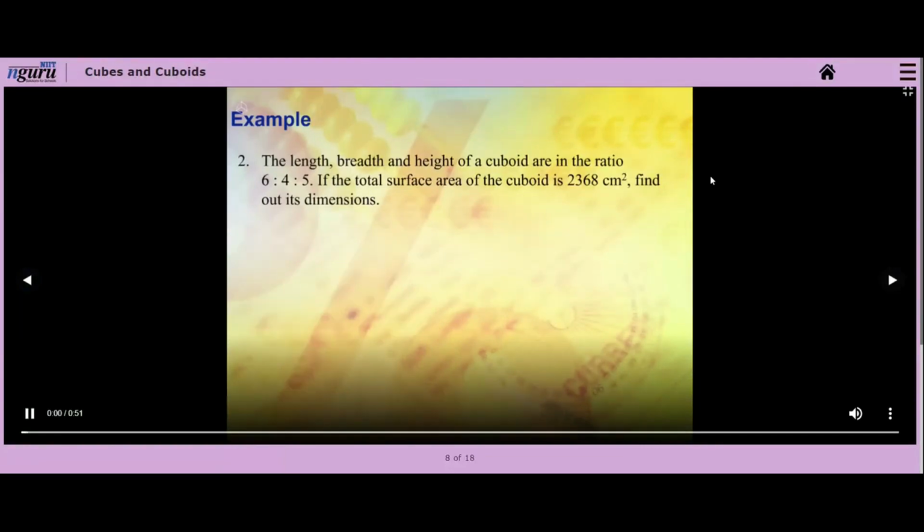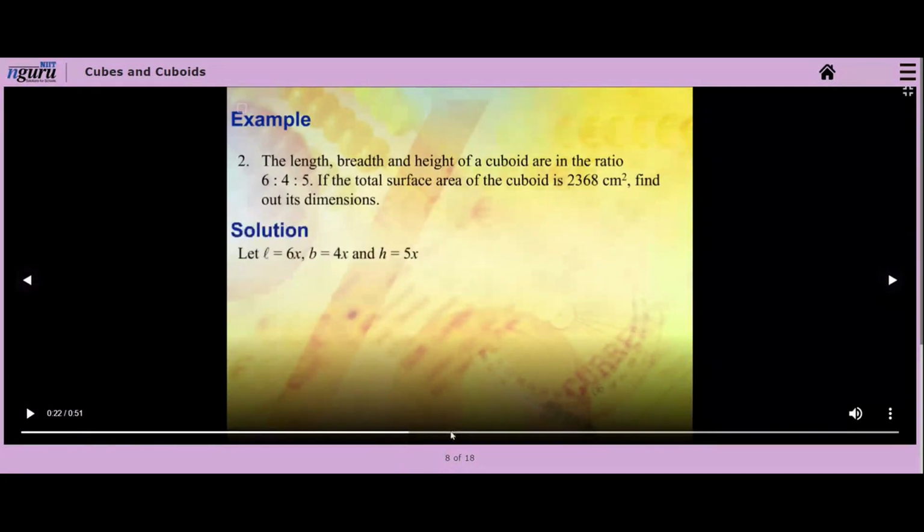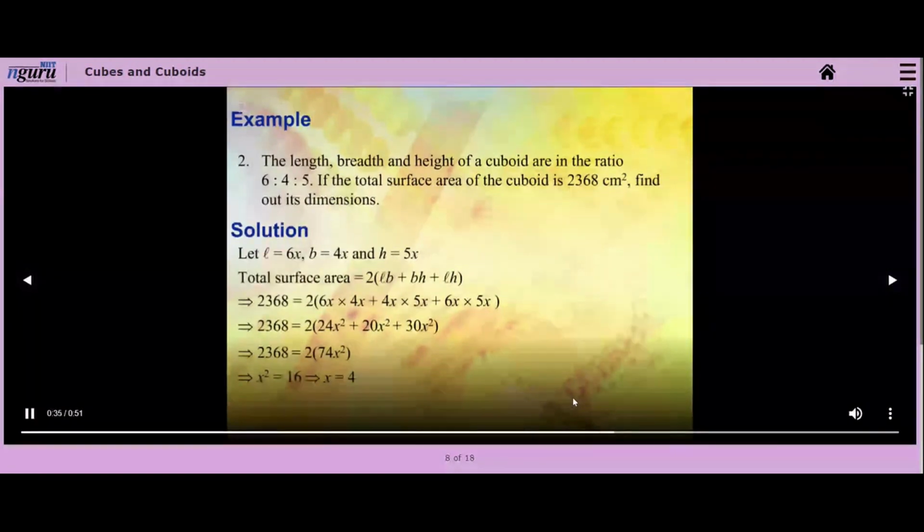So here, consider another example. Substituting the values of L, B, and H in the formula and... Yeah, this is correct.